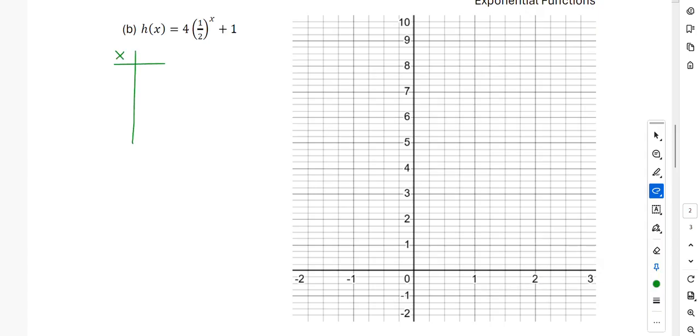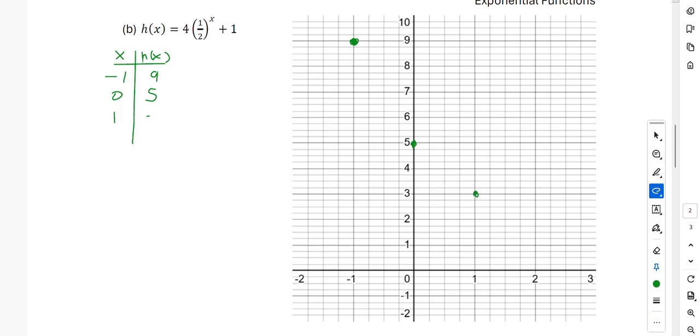All right. x, h of x. -1, 0, +1. And I'm totally fine if you use your calculators to calculate these. 4 times 1/2 raised to the -1 becomes 4 times 2, which is 8, plus 1 is 9. -1, 9. Plug in 0. 4 times 1 plus 1 is 5. 0, 5. 4 times 1/2 is 2. 2 plus 1 is 3.